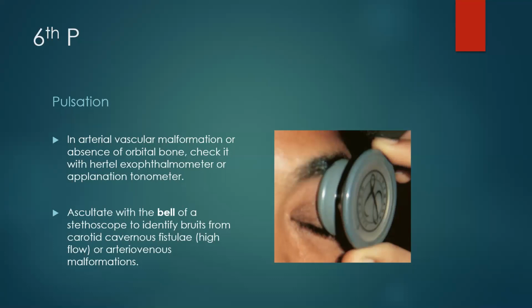You can see it moving in front of the scale of the Hertel, or pushing the tonometer. In such cases, you can also auscultate with the help of a stethoscope to look for a bruit, which can happen with high flow fistulas, particularly, and arteriovenous malformations.